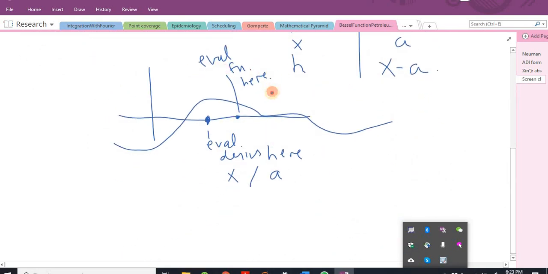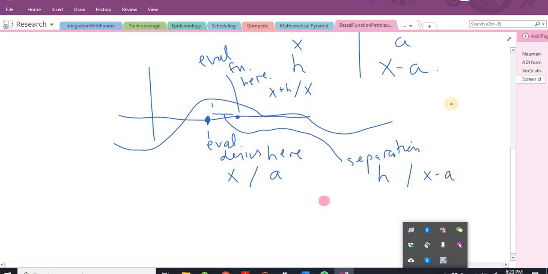I will make these notes available, so you don't need to copy. And then this distance here is the distance between the 2 points. In the first case that's called h. You can call this the separation. And the separation is h in the first way of speaking, and in the second way it's x minus a.